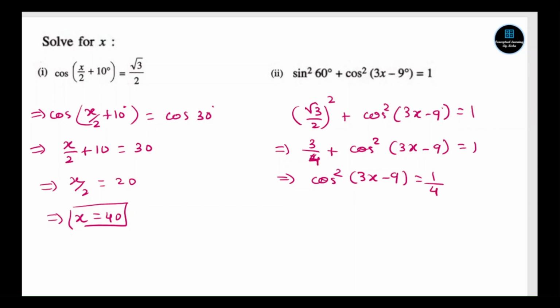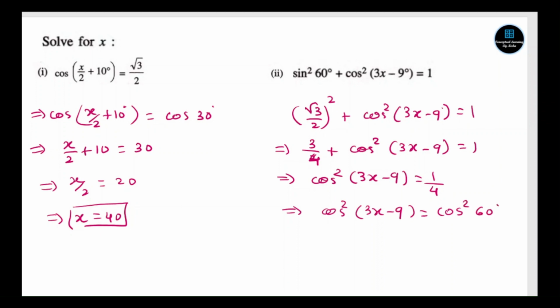Right? And now I know that this is nothing but cos square (3x minus 9) equals cos square 60 degree.